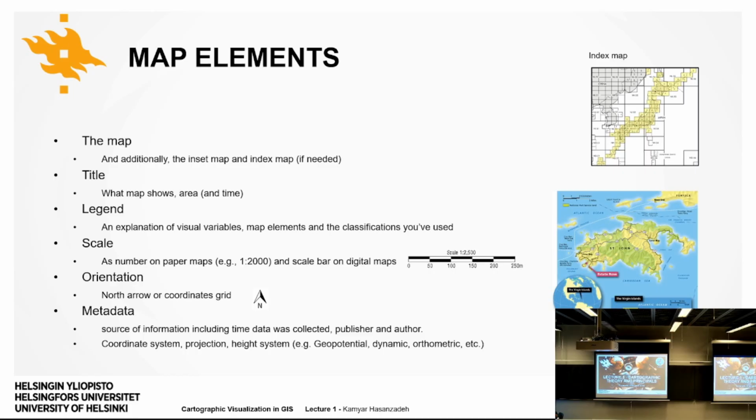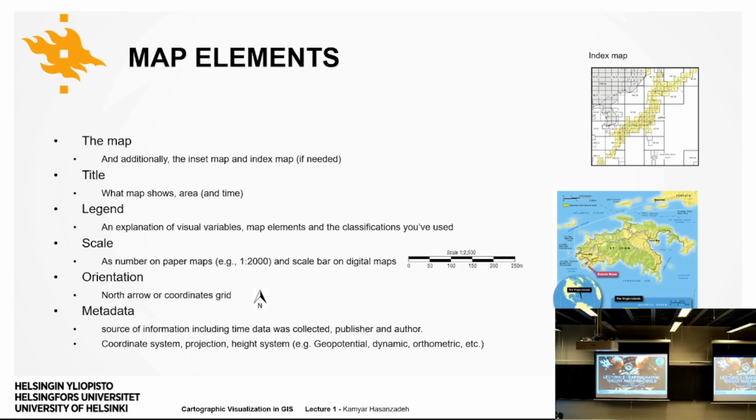Then title, legend, scale, orientation, metadata. As I said, depending on what you're doing, you may not need all of this. A scale is not always necessary. If you're making a map for metro lines, you really don't need to have a scale in your map. It really depends on what you're doing, and you choose them accordingly.